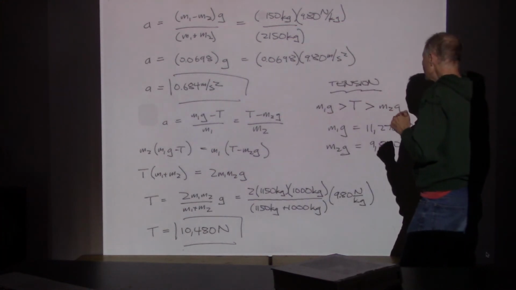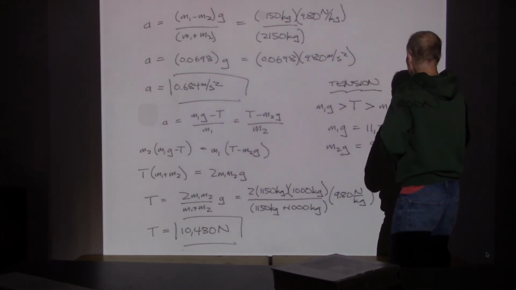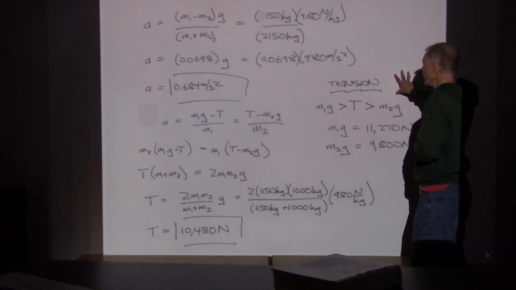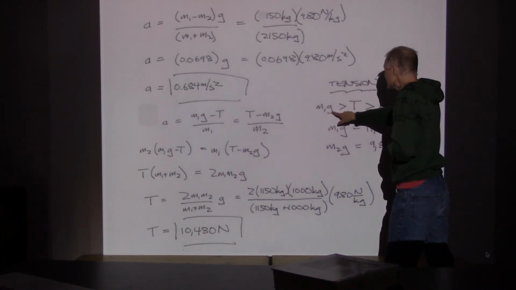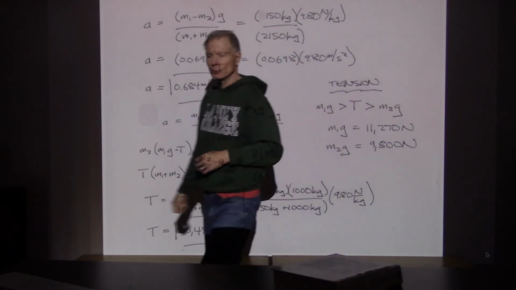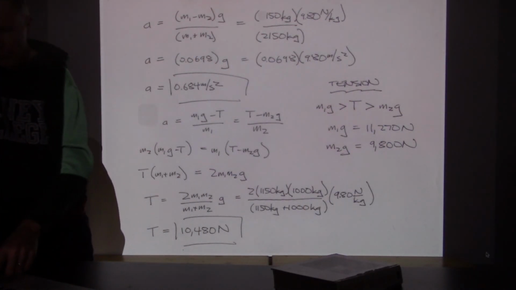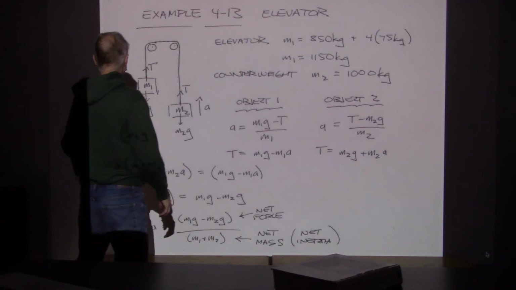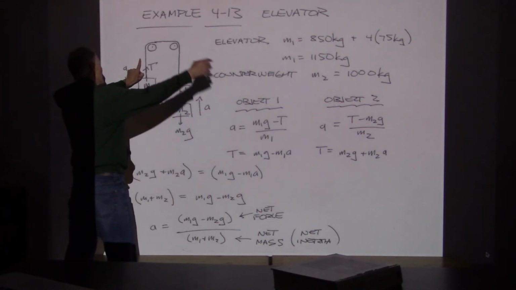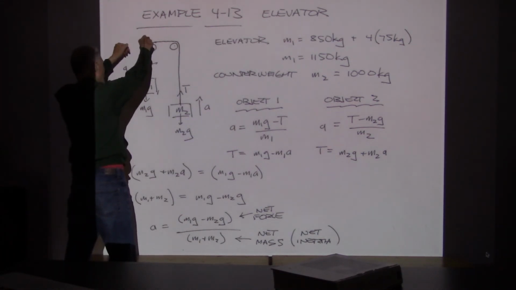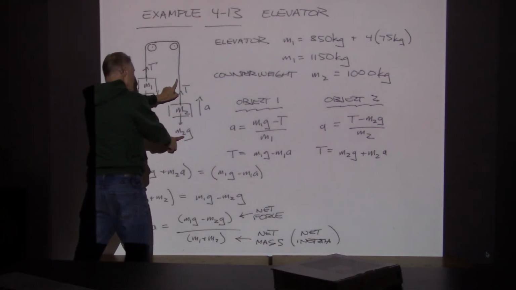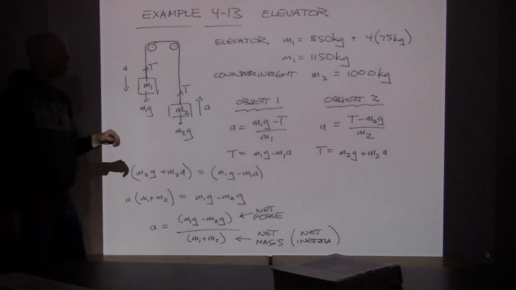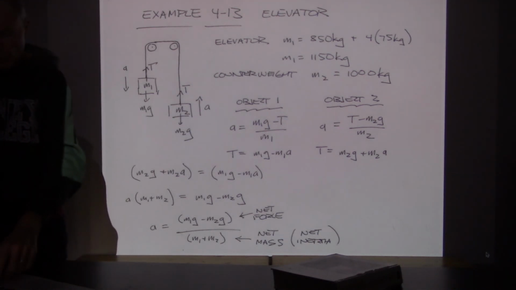Now they also wanted to know about tension. By looking at the diagrams and the accelerations, what we know, first of all, is that tension is going to be less than m1g. Let's go back and look at that diagram of what's going on here. Tension needs to be less than m1g because there is an acceleration, but tension also needs to be bigger than m2g because of the direction of the acceleration.